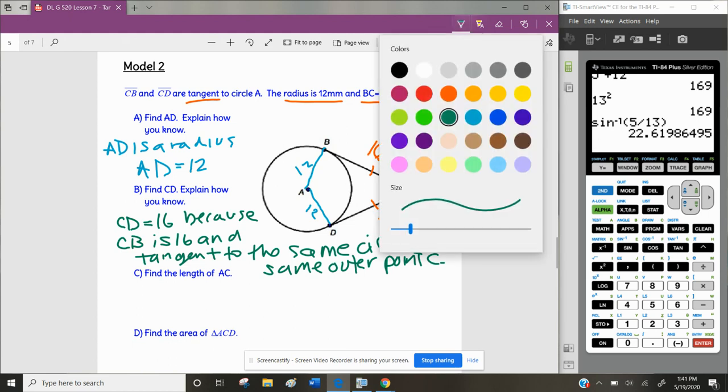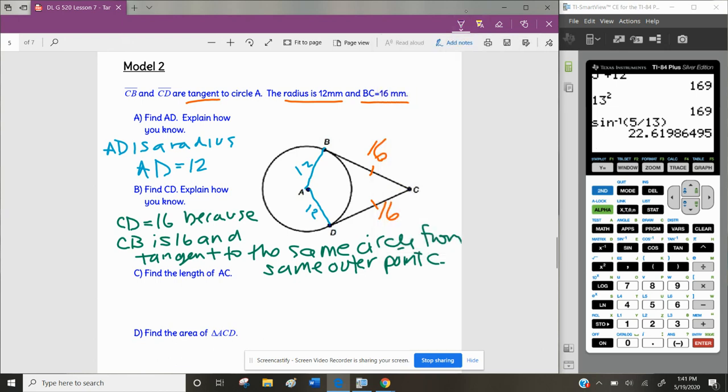So now we want to find the length of AC. I'm going to draw this segment AC in. How am I going to find that? Well, I have a radius and a tangent that meet at a point of tangency B and D, and so that means that those must be right angles. So if I have a right triangle with two sides and I want the third side, then we know that we can use the Pythagorean theorem.